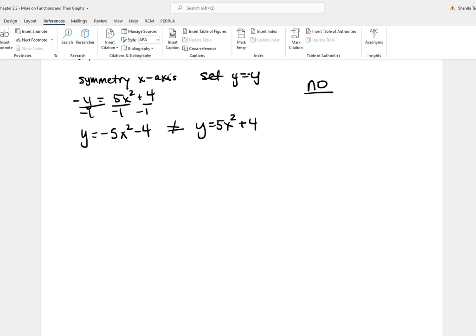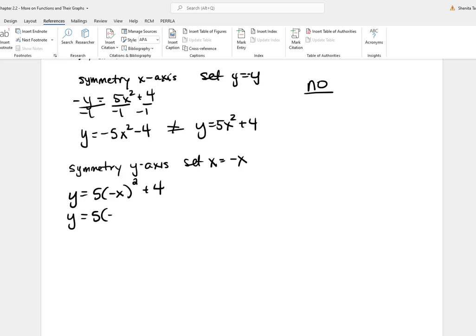So now let's look at symmetry about the y-axis. What you're going to do is set x equal to negative x. Then we're going to calculate this out. Negative x times negative x will give you a positive x squared.